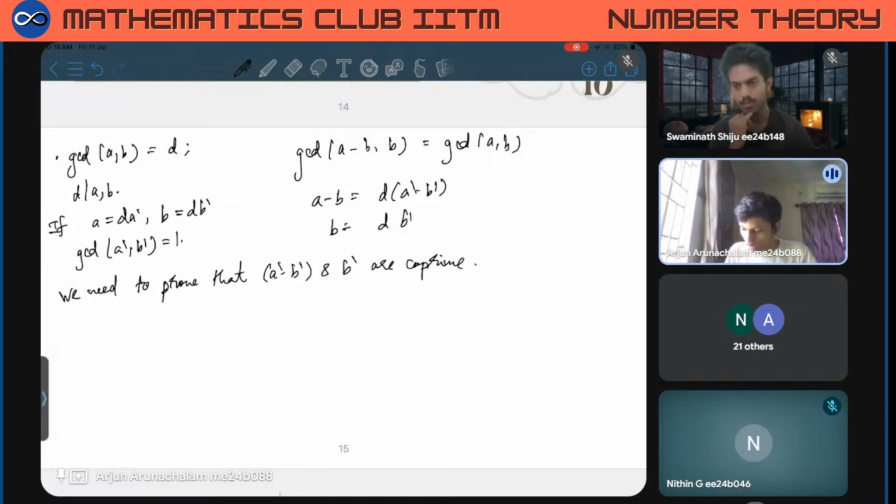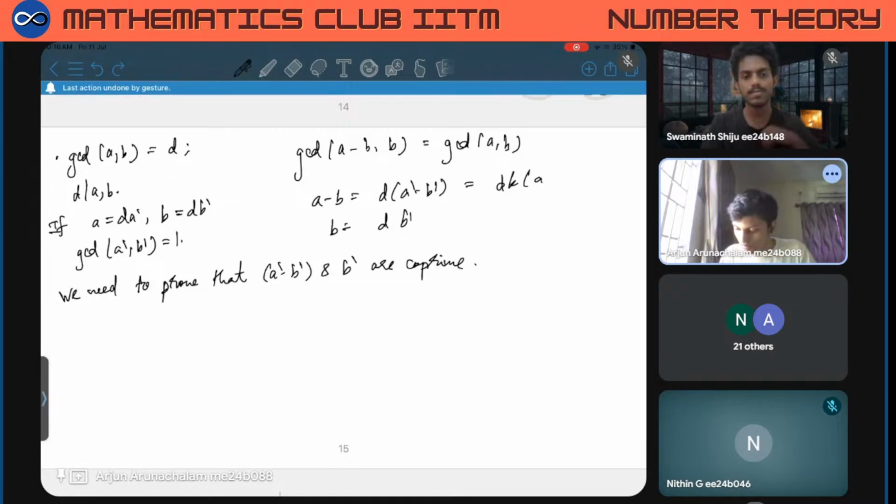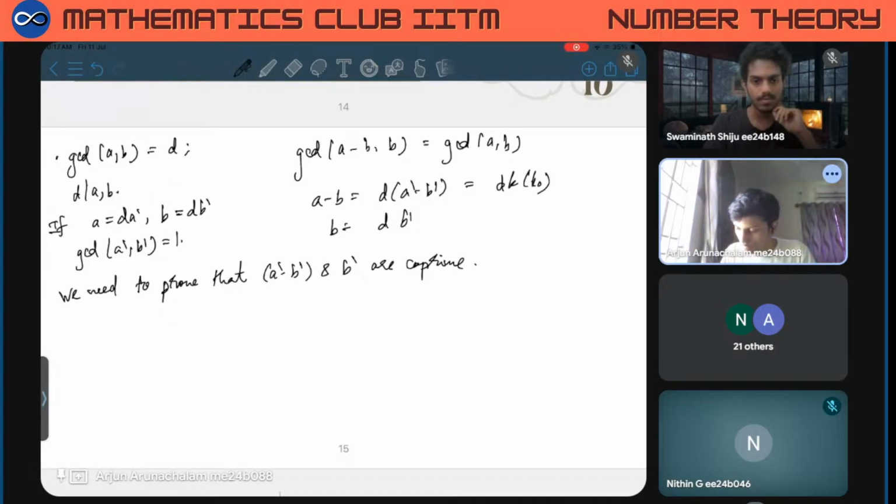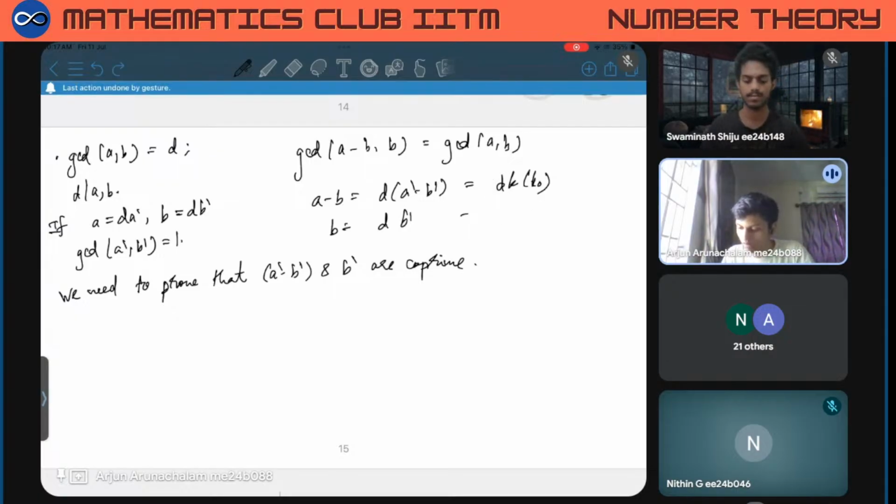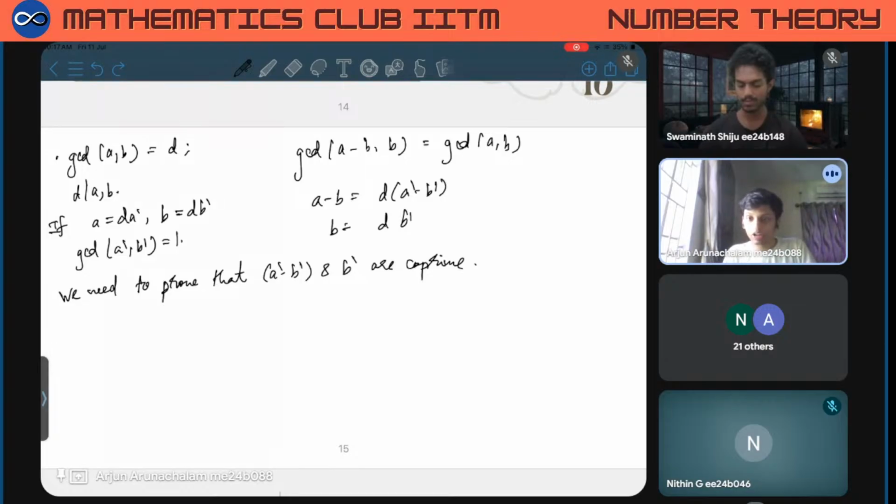Because if they are not, then you can write d is equal to k naught, assume that k naught divides a dash minus b dash and k naught divides b dash. So this contradicts the fact that d itself is their divisor. D is the greatest common divisor. So this is what we need to prove, right?